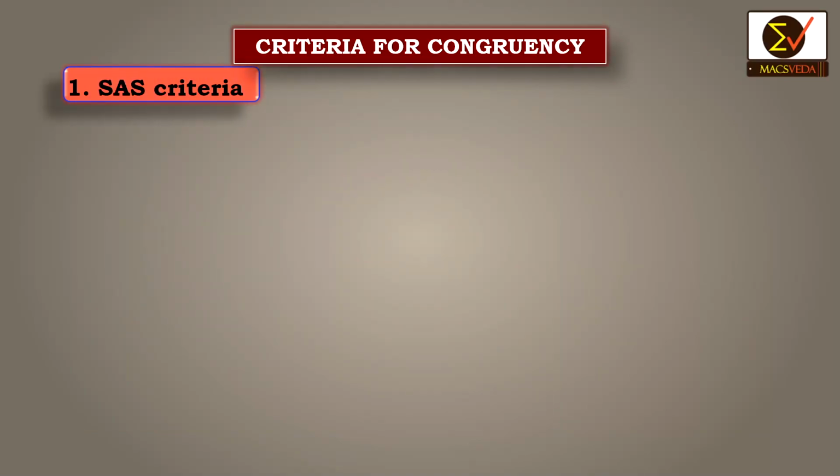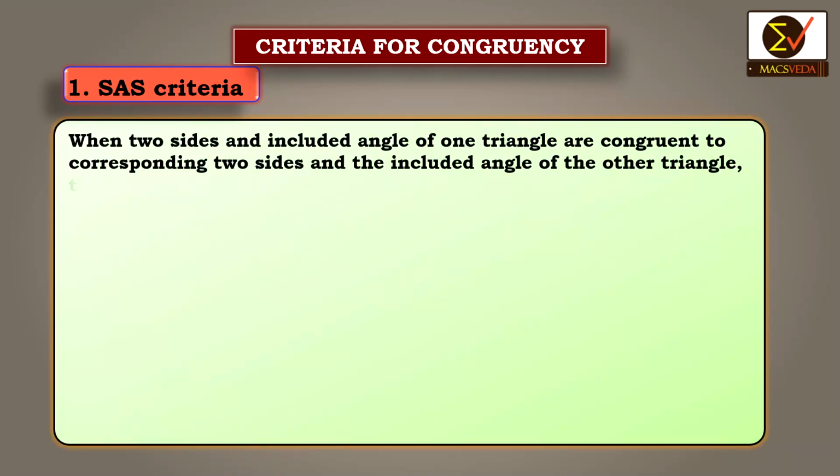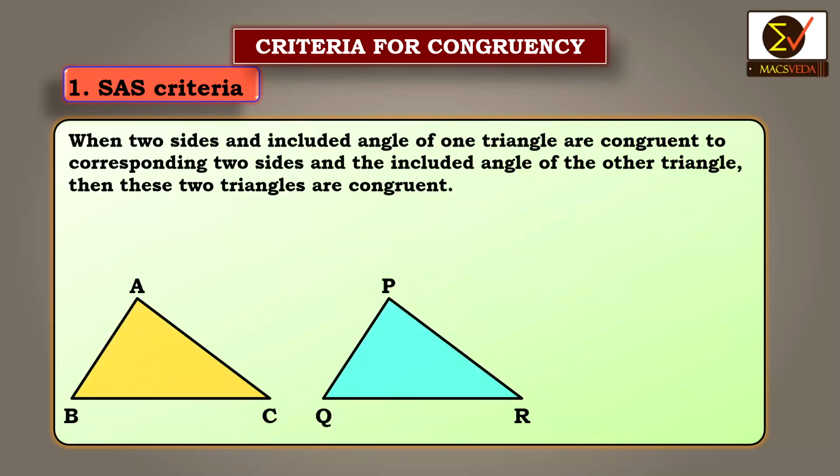The first one is side angle side criterion. When two sides and included angle of one triangle are congruent to corresponding two sides and the included angle of the other triangle, then these two triangles are congruent. So consider these two triangles.